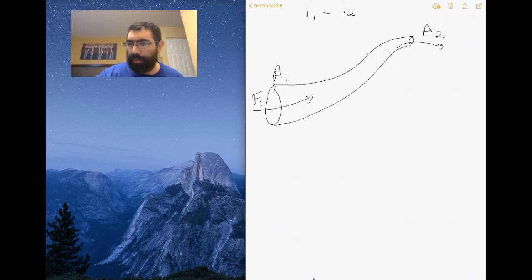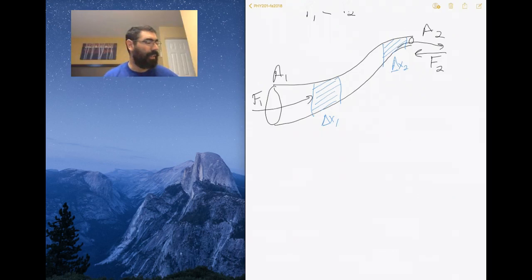The fluid we can think of as basically this volume right here, which has a length delta x1. The fluid over here in the smaller end has basically the same volume, but it has a different length, delta x2. And that implies that there's going to be a force, we'll call it F2, and for the sake of argument we'll have it pushing into the pipe.